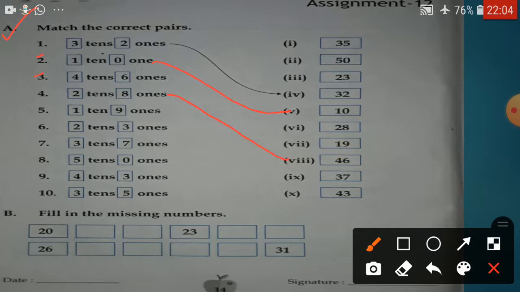Okay. 5, 1 ten 9 ones, 1 and 9, 19. Okay. Next 6, 2 tens 3 ones, 23.